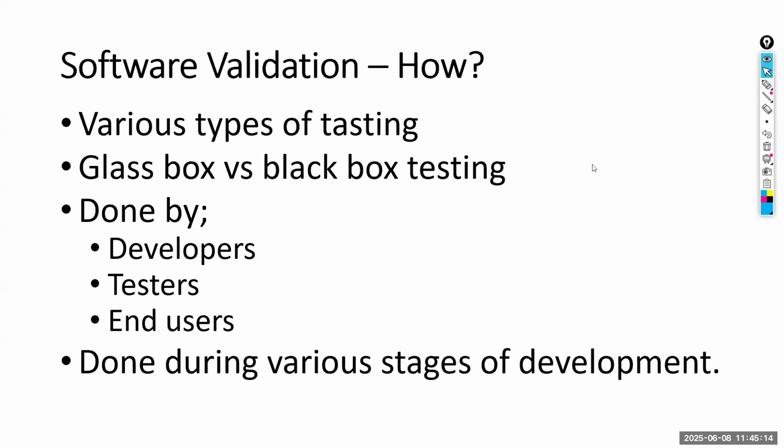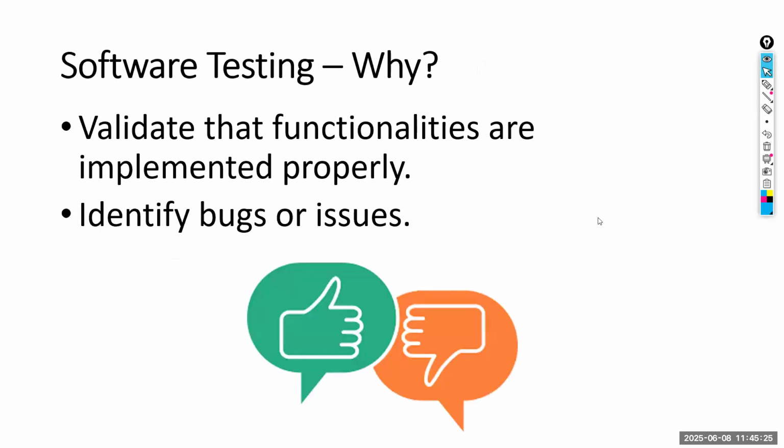This is done by developers, testers, end users, and so on, and it can be done at various stages. So software testing is basically validation. Validate that functionalities are implemented properly, identify bugs and issues, and fix those without delay so that those issues are not going to your production servers.